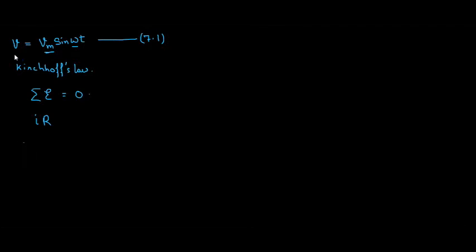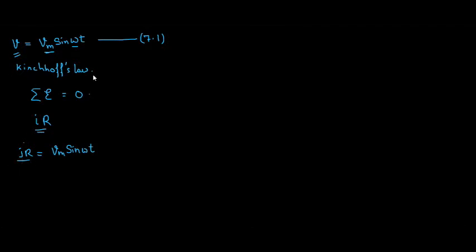Instead of V, the potential difference, we can write IR. So we can write IR is equal to Vm sine omega t. Till here any problem? Why we have written IR instead of V?